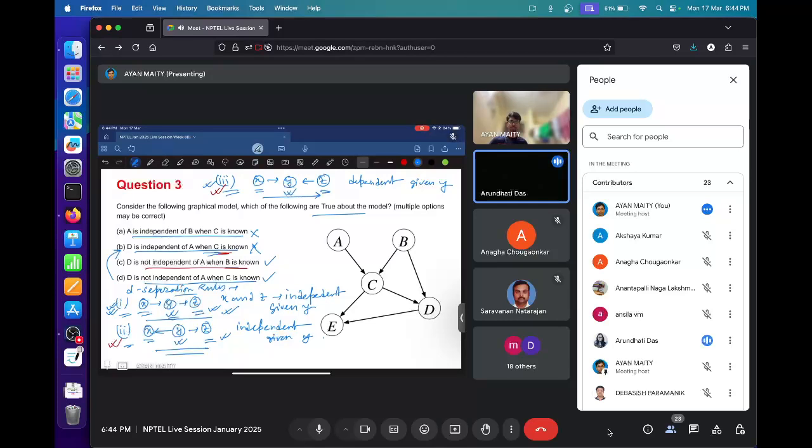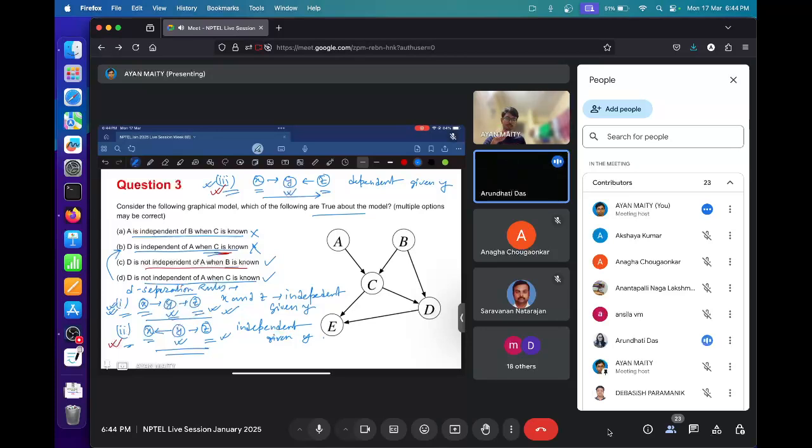Here, if C is not known, then D is definitely dependent on A. And the moment we have information about C, whatever I need in D, I can get everything from C. You don't have to know what was the value in A. So that's why A and D become independent. If C is known, C cuts that path. D is no more related to A. So in that case, B should be correct, right, sir?